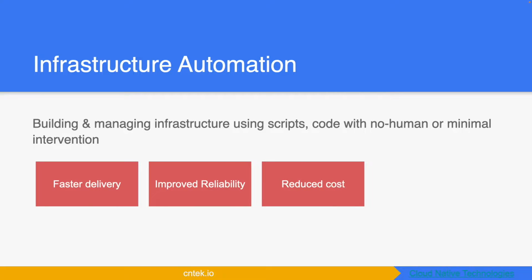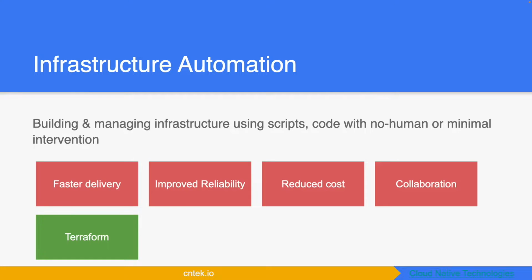Then the cost is reduced. By removing a lot of manual steps and errors, we are lowering the cost. And then at the end, it enables teams within the organization to communicate in a better way and hence increases the collaboration within the team or within the organization.